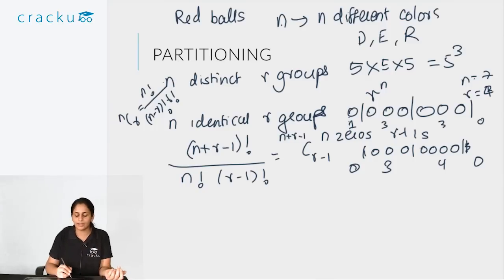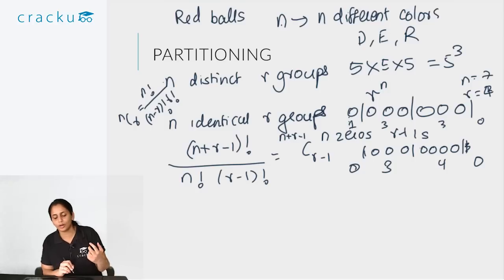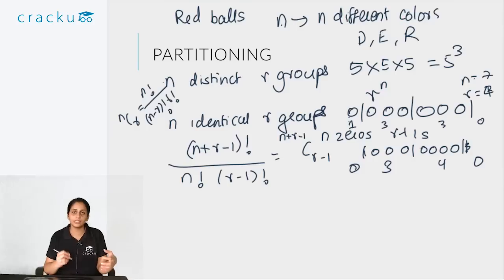Now suppose I have an additional condition that when I am dividing the n identical items into R groups, I have to make sure that each group gets at least one. That is, the case of this person getting 0, this person getting 0 does not occur. If I have to make sure that each person gets at least one item, I start off by first giving one item to each group. So firstly I put one item in all groups.